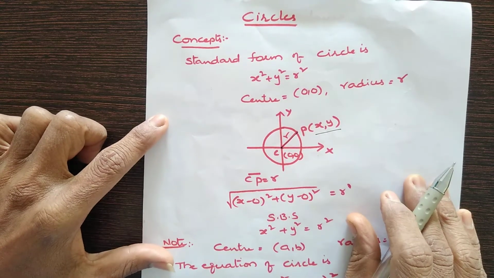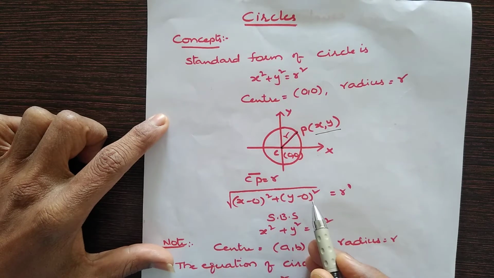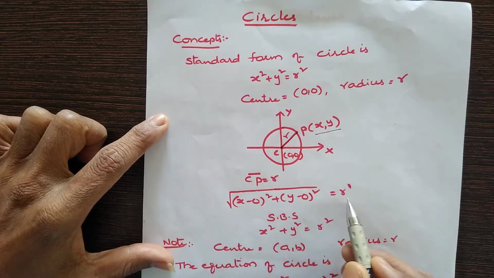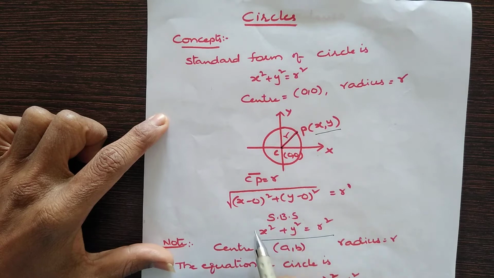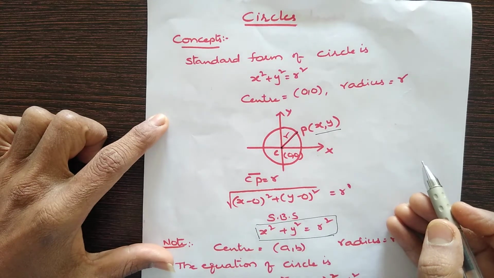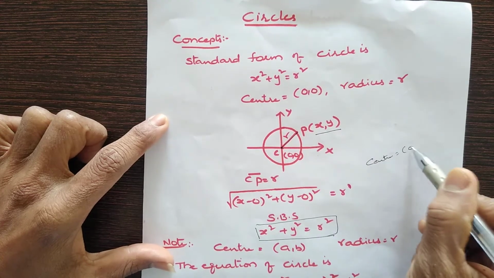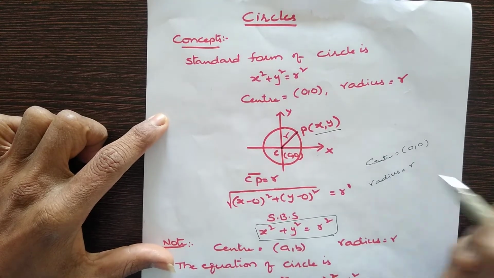Now the distance between the center and any point on the circle is square root of (x2 minus x1) whole square plus (y2 minus y1) whole square, equal to r. Squaring on both sides you will get the circle standard form: x square plus y square is equal to r square, where the center is 0, 0 and the radius is r.